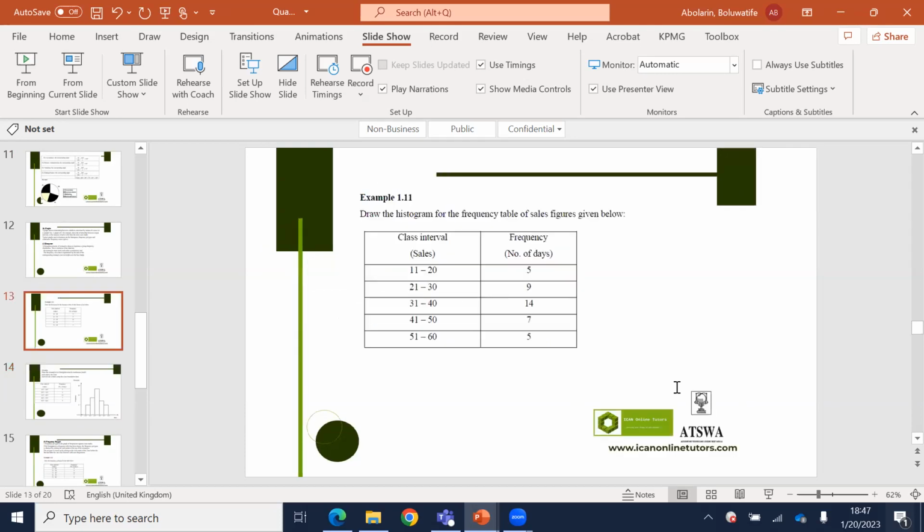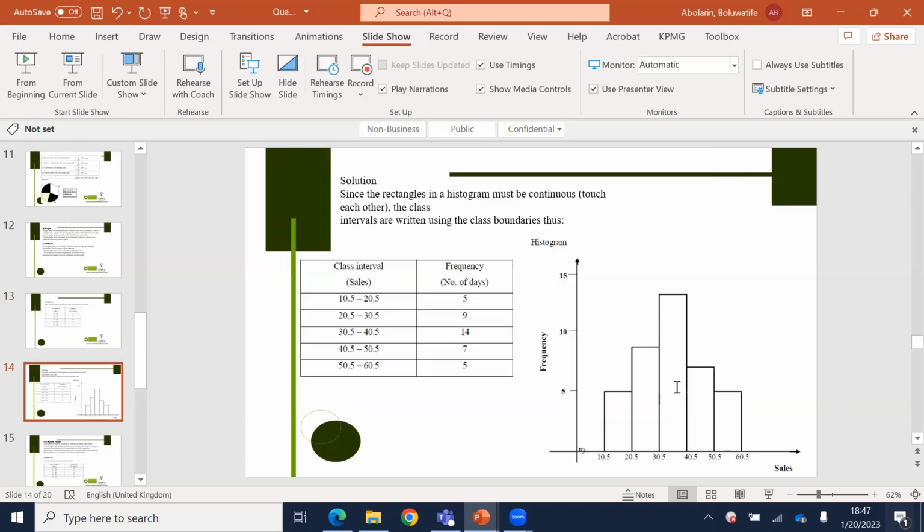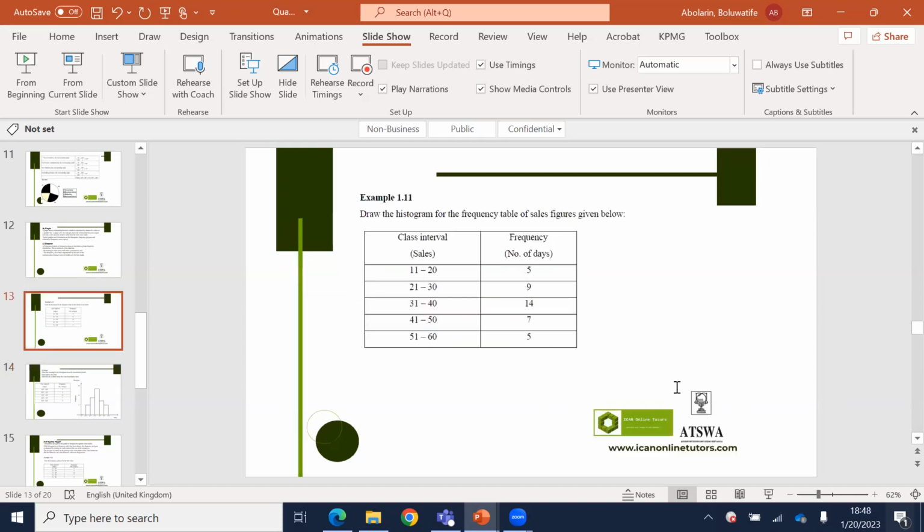So now this example, we are going to do it. I taught you what class interval is, right? Yes. Class boundary, I taught you, right? So I want you to help me find the class boundary of this first one. What is the class boundary of 11 to 20? Give me the answer.